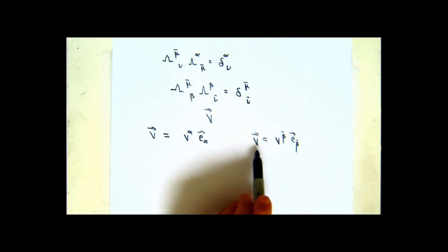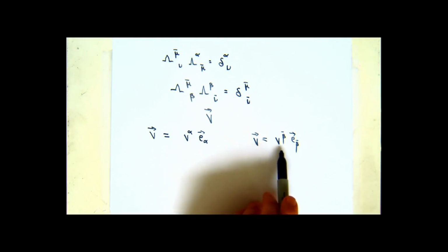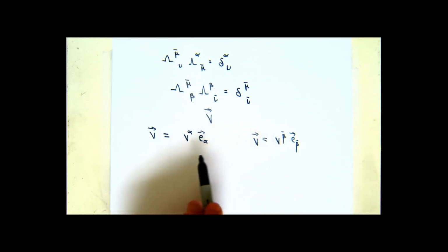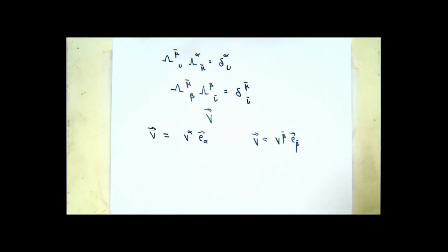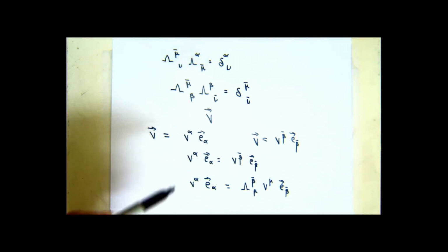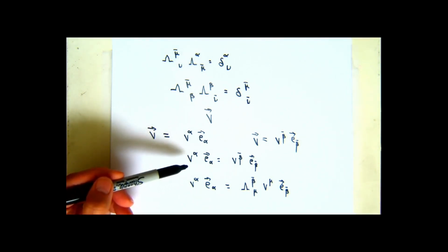The arrow v is also equal to v beta bar e beta bar. These are two different formulas that tell me the same arrow. Two things that are equal to the arrow v must be equal to each other, so this must be true.